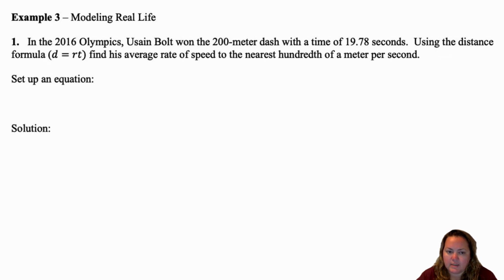So D equals RT, distance equals rate times time. They gave me some information. I want to find his average rate, so I'm trying to find R. R is going to be left as an R, and the other pieces are going to be filled in with a number. The distance was a 200-meter dash, so my distance was 200, and my time is 19.78. So I'm going to fill all those pieces into that formula.